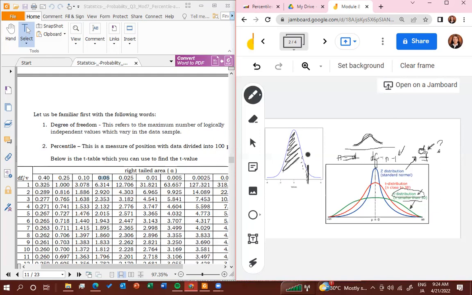This is basically the 95th percentile as well, right? The rest would be alpha. This is the error, the right tail. How will we get this?